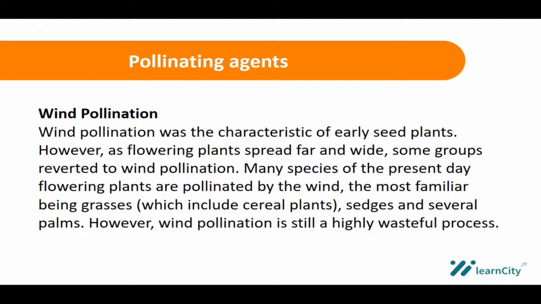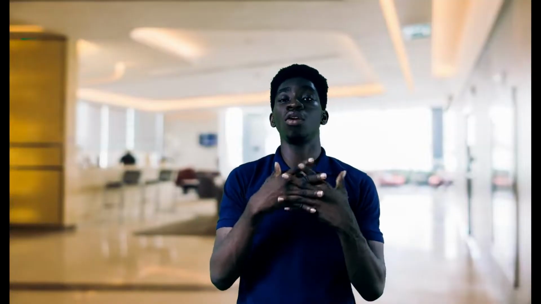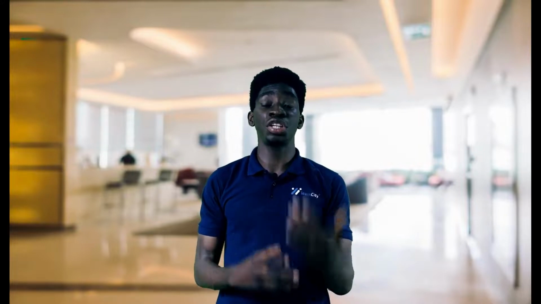So those plants are pollinated by wind. Despite this, wind pollination is a very stressful and wasteful process, because the wind can blow several pollen grains that will not eventually reach the stigma. So wind pollination is a very wasteful process.